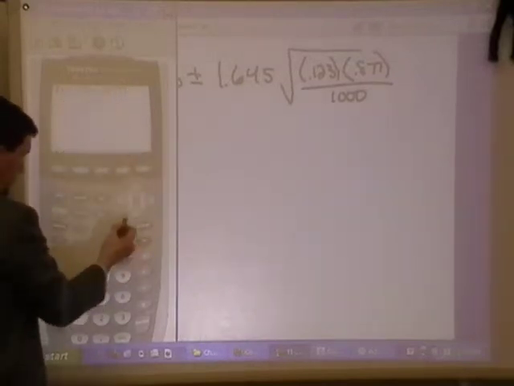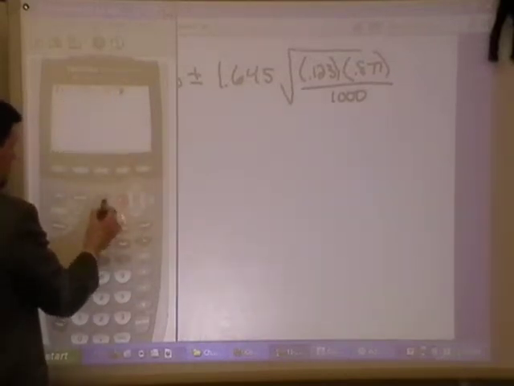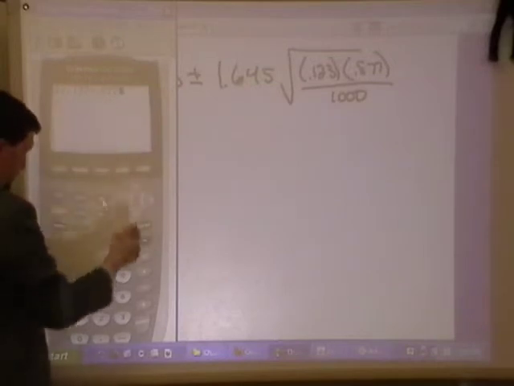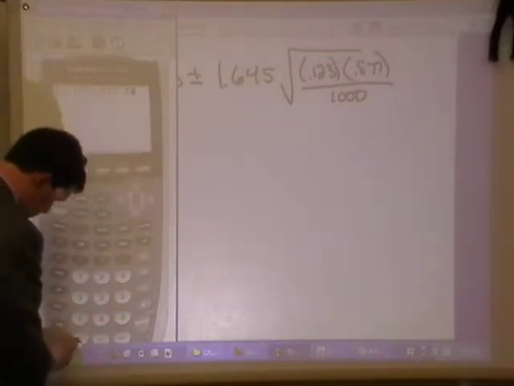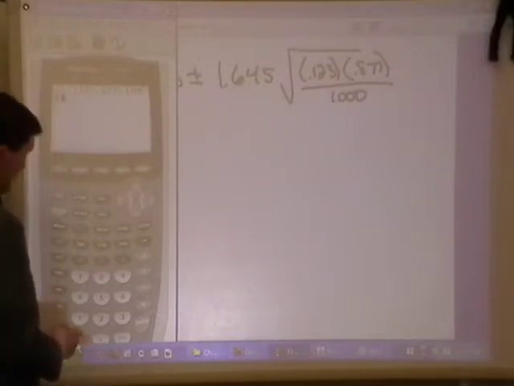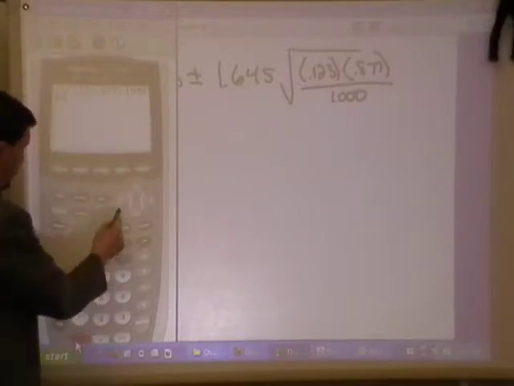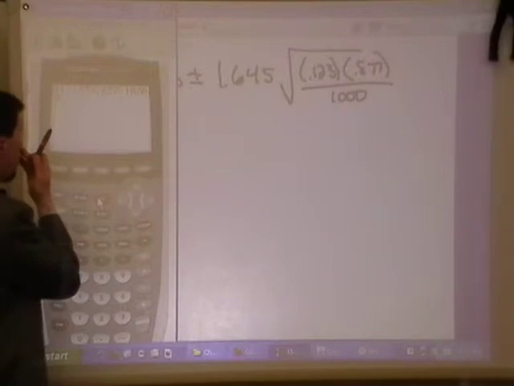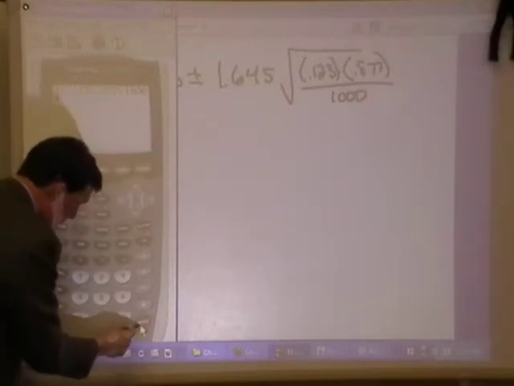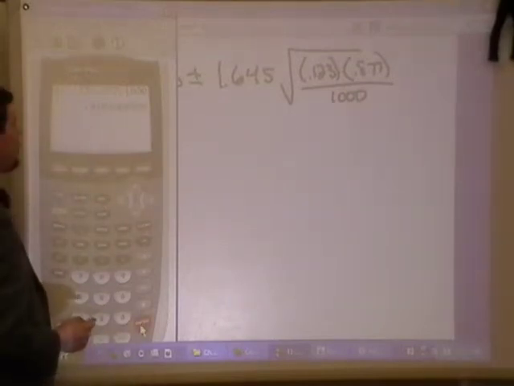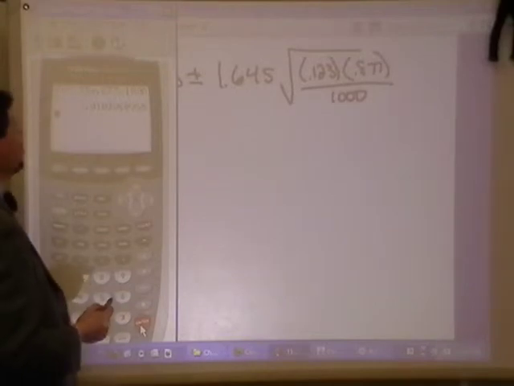Delete that extra 7. Divided by 1,000. Enter, and 0.0138. Boy, I hope that's right.